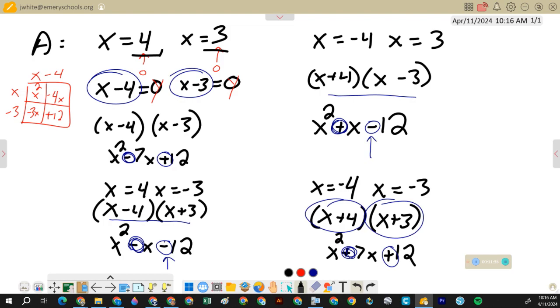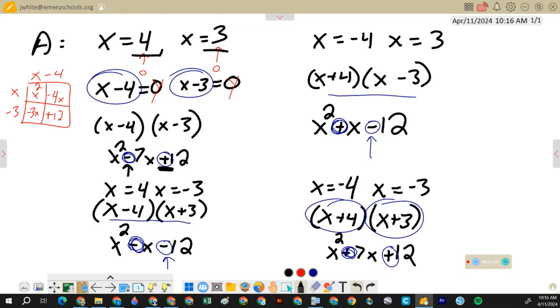Okay, so we have to divide this into two groups as well. If the factors have the same sign, then the middle term tells you what that sign is.